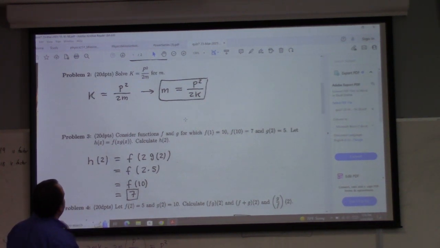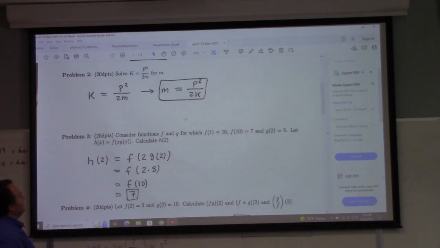Why are you multiplying both sides by p squared? Because that's how you can undo a division problem. But it's not division by p squared. p squared's not in the denominator. If I multiply the equation that's given by p squared, I'd get p squared k times p to the fourth.